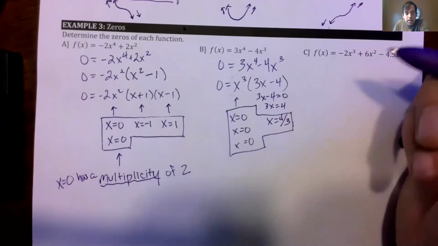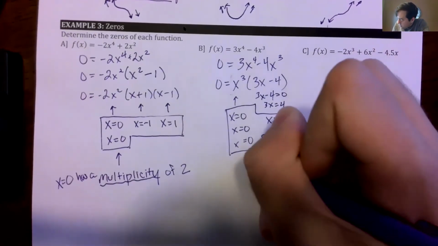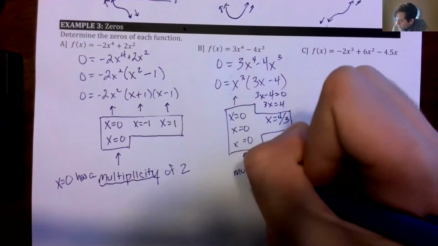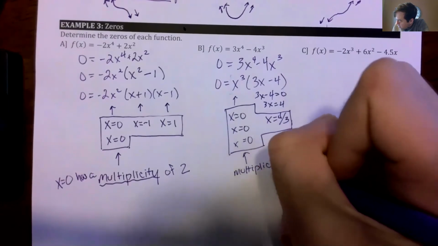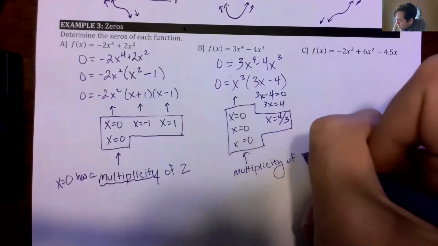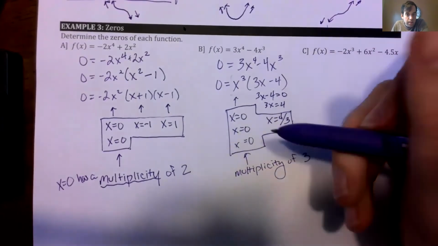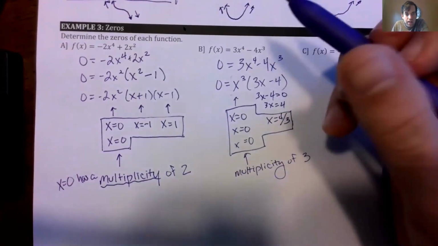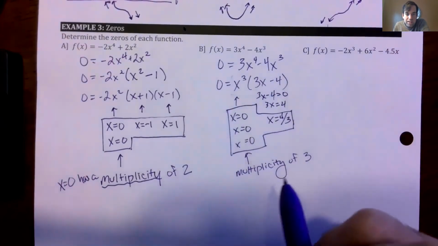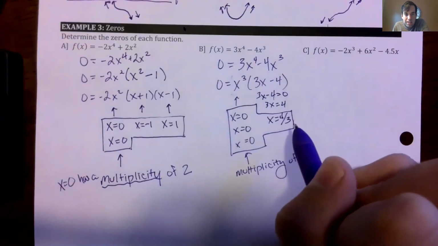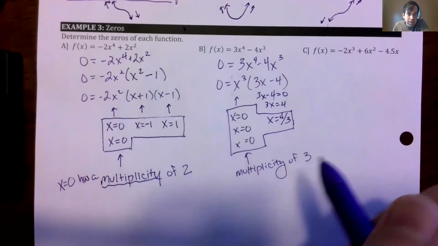This time the 0 has a multiplicity of 3. And it's not that every question has one 0 that has multiplicity. Anything could be said to have multiplicity. So 4 thirds has a multiplicity of 1 here because it showed up once.